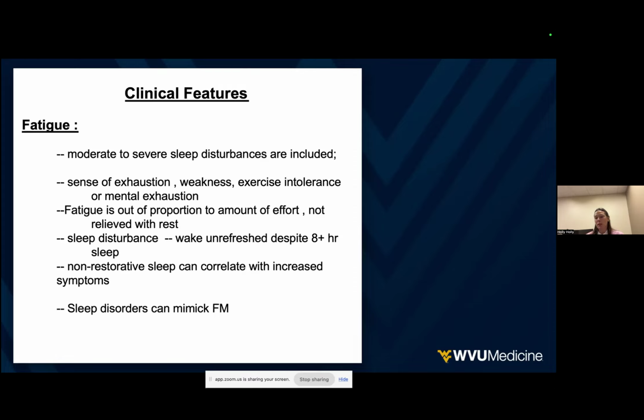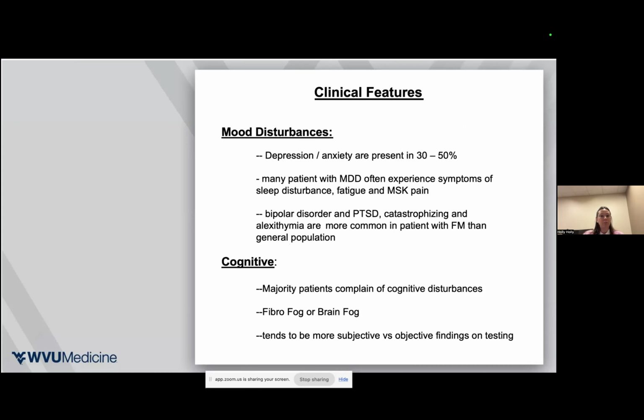There certainly have been many studies showing that sleep disorders or non-restorative sleep can mimic fibromyalgia symptoms, and it's probably more a sleep disorder than true fibromyalgia. So anytime you have a patient with sleep issues, that's one of the pathways you want to think about, looking into their sleep first, because you may improve a lot by just improving their sleep.